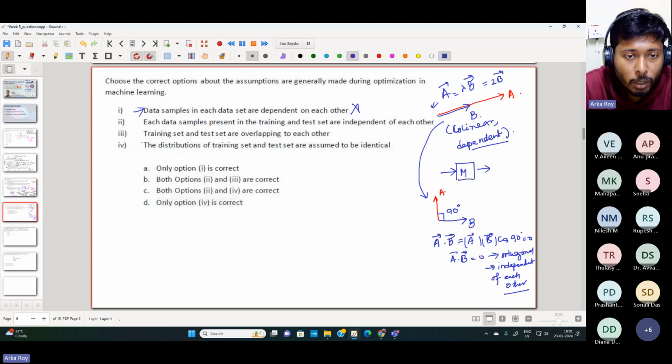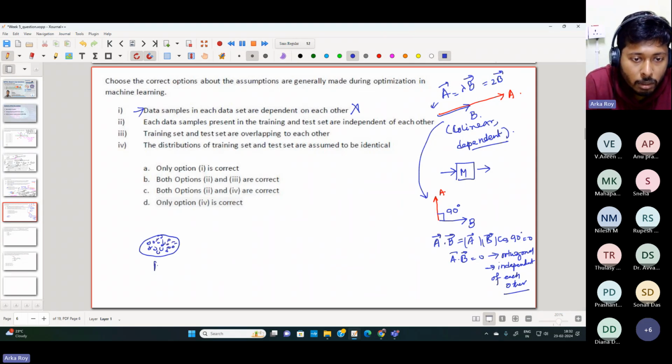Then let us scan through other solutions also. Training set and test set are overlapping to each other. Let us elaborate on this particular scenario. Let us consider your training data is like this. This is your training sample.